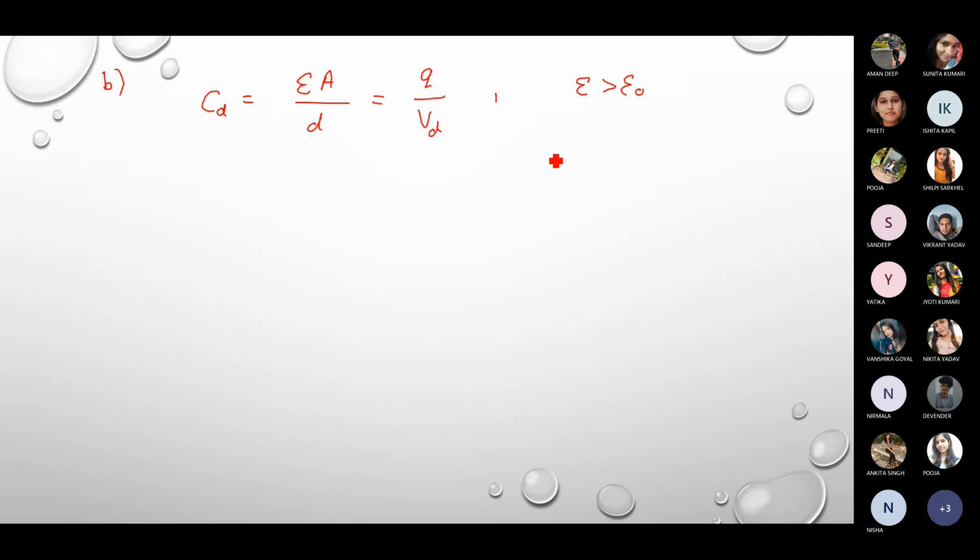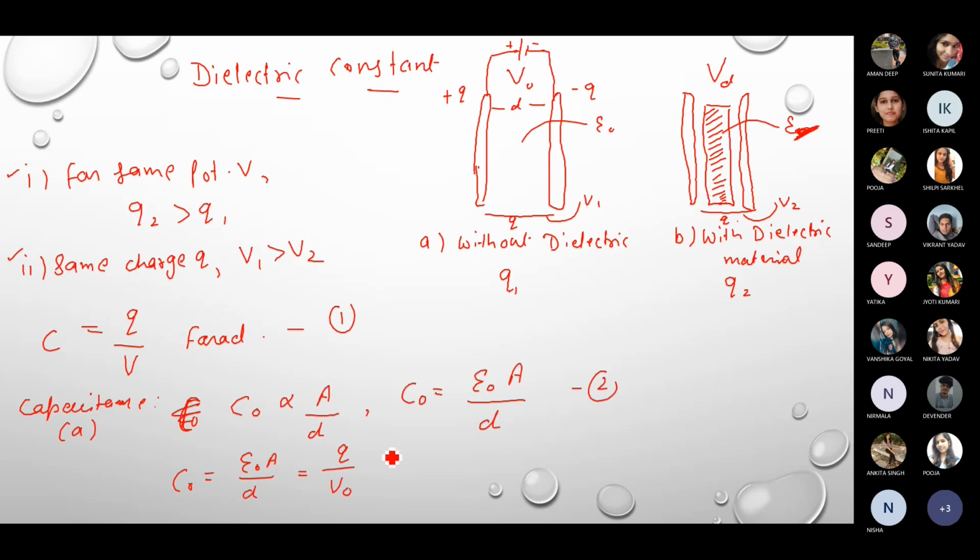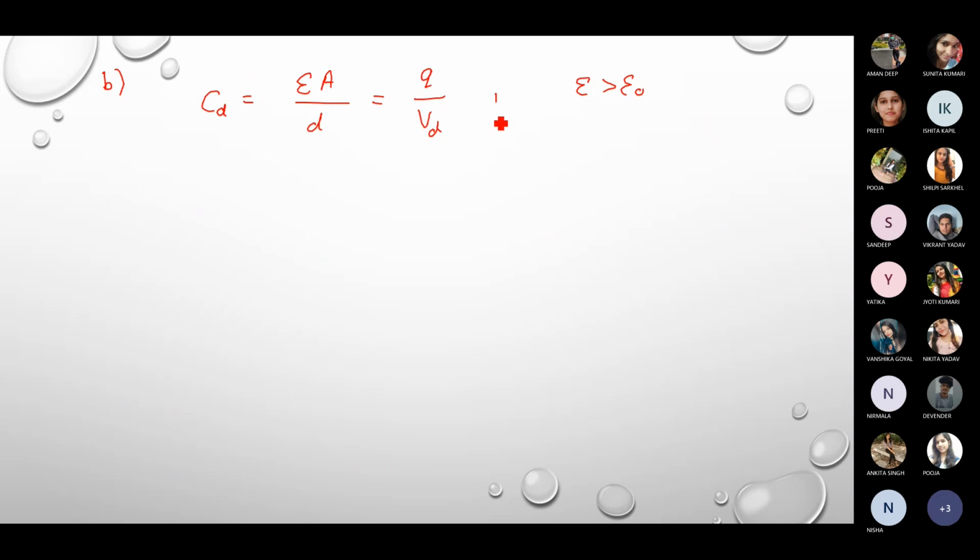So if we take these two equations, let's say this is equation number 3 and equation number 4, and take the ratio of capacitance with dielectric and capacitance without dielectric, then this must be equal to V naught divided by V d, and this is also equal to epsilon upon epsilon naught.